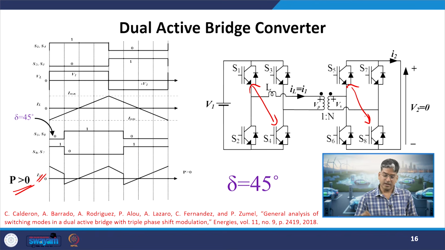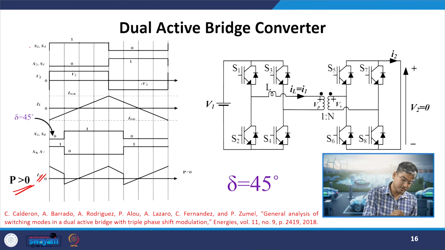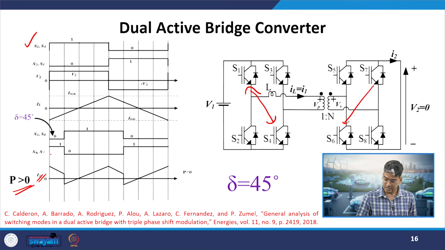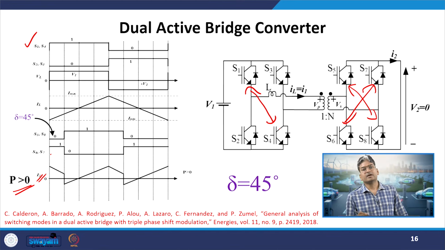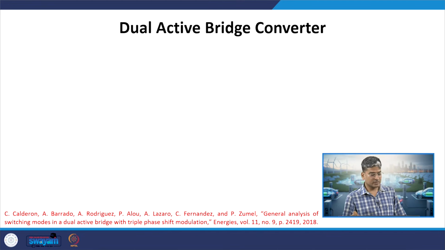So, we had only 2 equivalent circuits, whereas in this case we get 4 different combinations. If you consider S1 and S4 on the primary side, when S1 and S4 are on, we have 2 different combinations. Here S6 and S7 are on, and after one division S5 and S8 are turning on. So, for each half cycle we get 2 equivalent circuits. Those are shown over here.